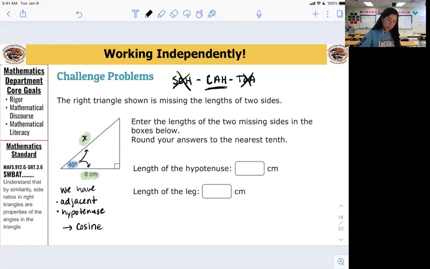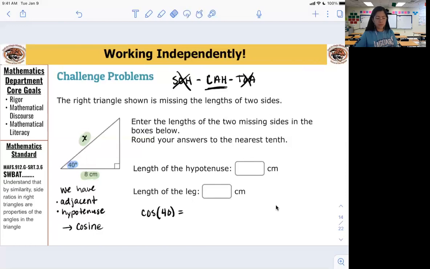So now we set up our little equation. The cosine of 40, what would I put into my ratio?